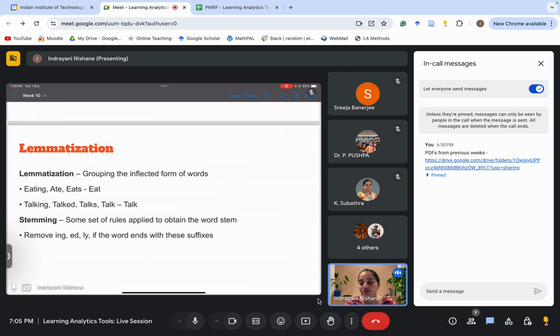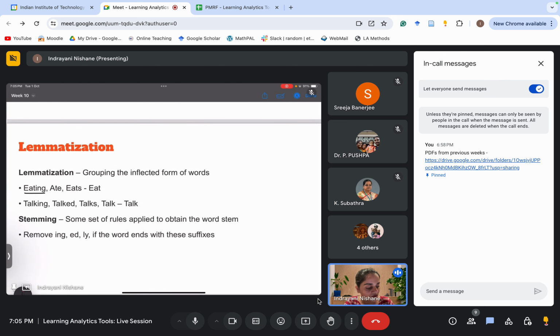Lemmatization is grouping the inflected forms of a word. That means all the forms of a verb are grouped under the root word. Similarly, talking, talked, talks will all be reduced to the root verb, which is talk.